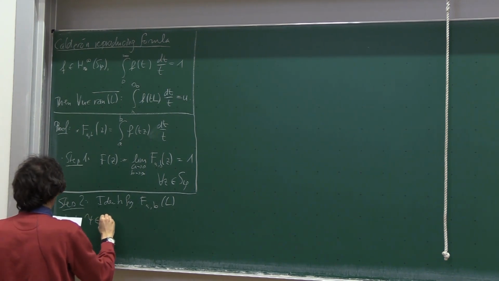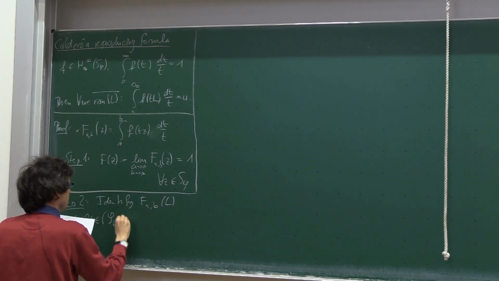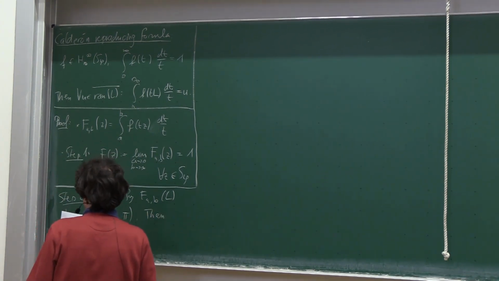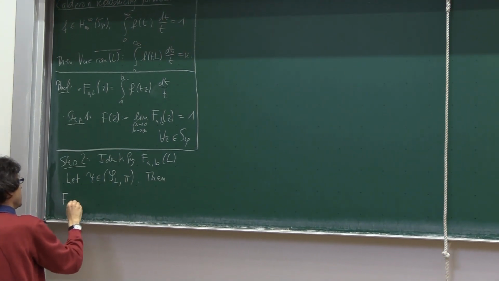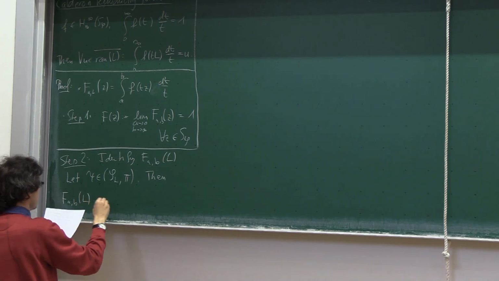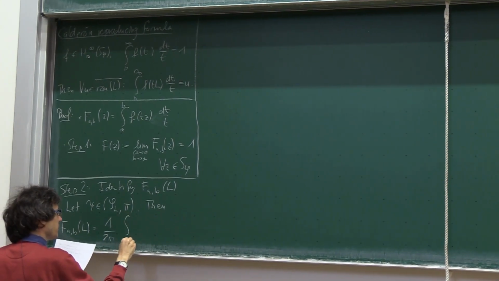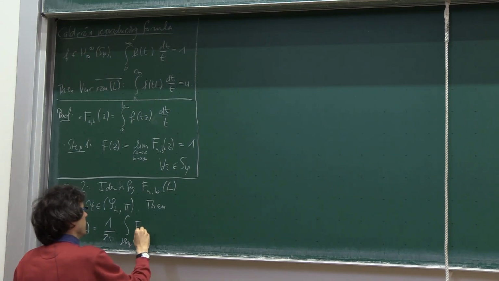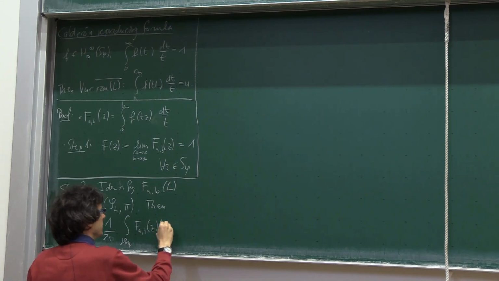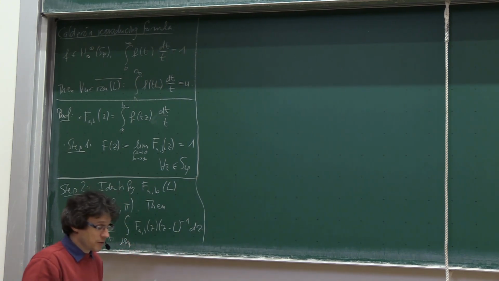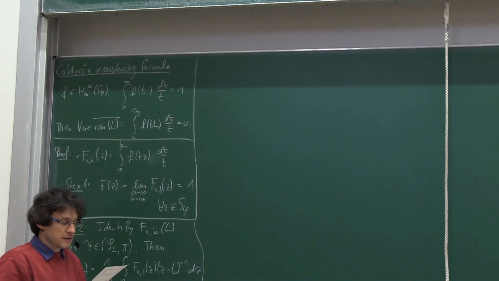So take some psi greater than the sectoriality angle, less than pi. Then just by definition, what is F_ab of L? You can write it as a path integral, 1 over 2 pi i integral along the path gamma_psi, F_ab of z, (z minus L) to the minus 1 dz. This is just the definition of the operator of the functional calculus.